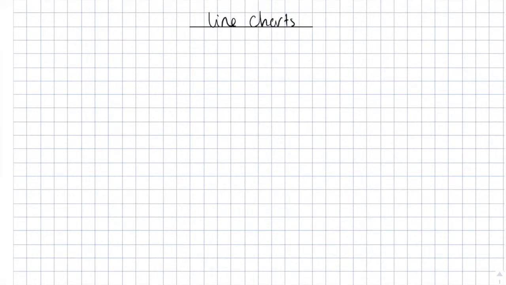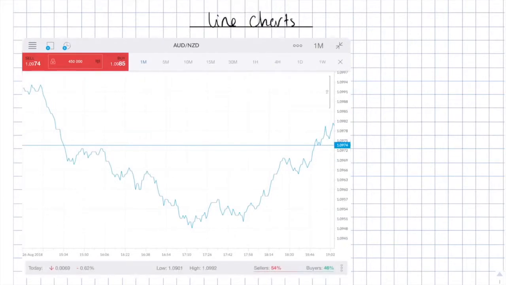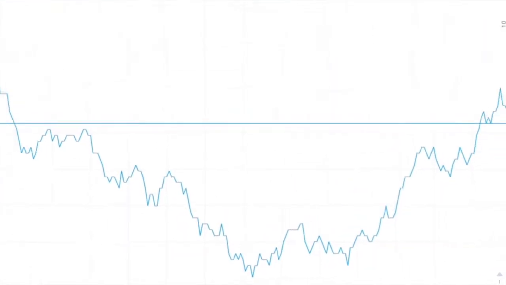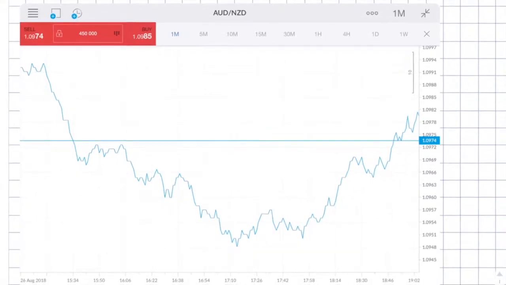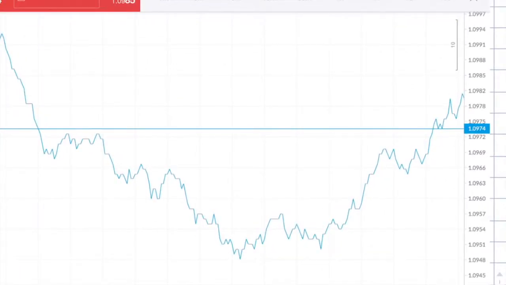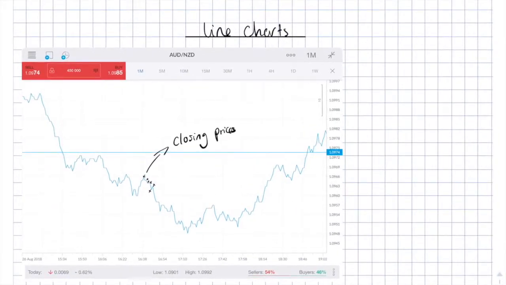If you look at this figure here, this is a trading app for Australian dollar against the New Zealand dollar. What I'm going to do here is zoom in, and as you can see, there are little vertices. These are little lumps, and each of these vertices represents the closing prices. And you must be thinking, what is the closing price?